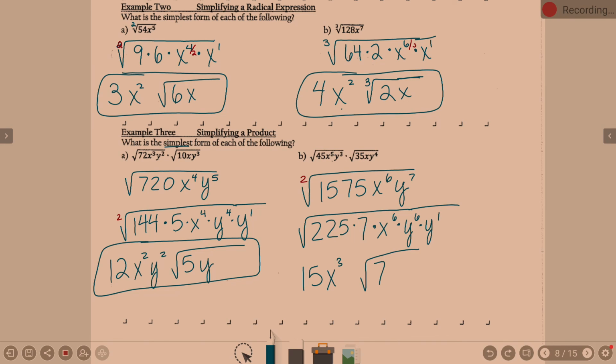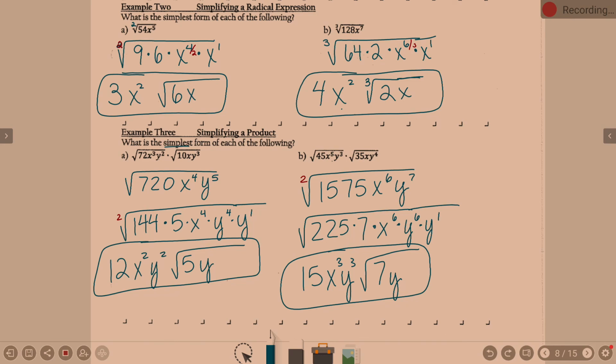That's outside. Square root of y to the 6th. 6 divided by 2 is y to the 3rd. That's going outside. Square root of y. 1 doesn't divide by 2, so y stays under the radical.